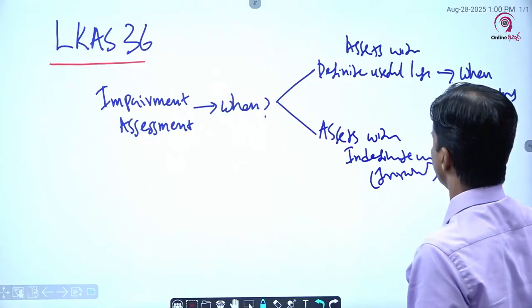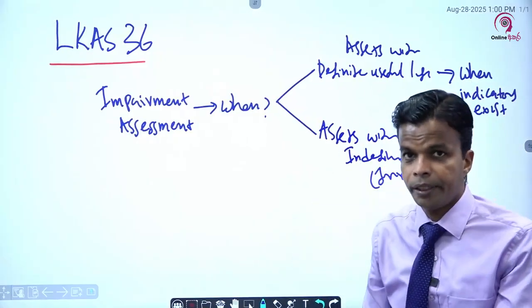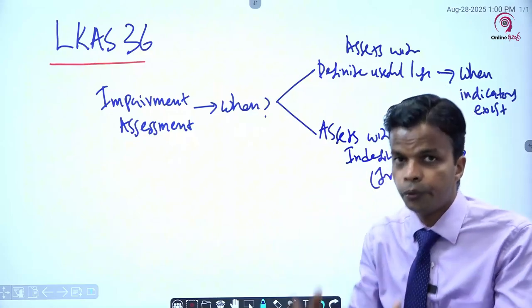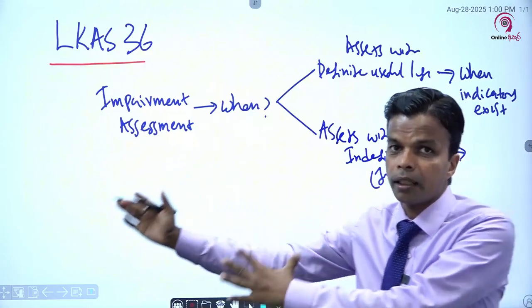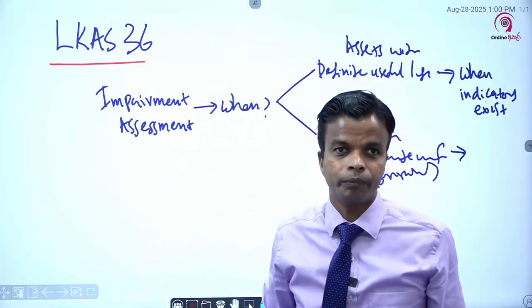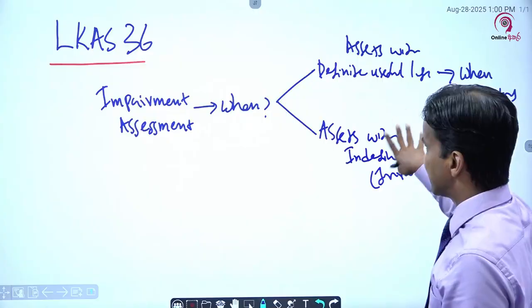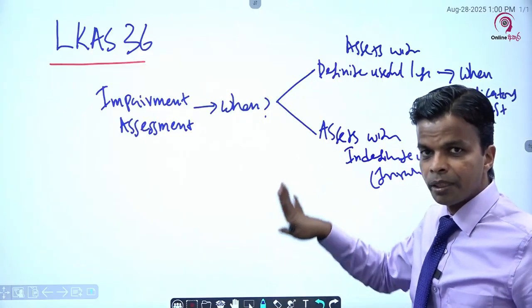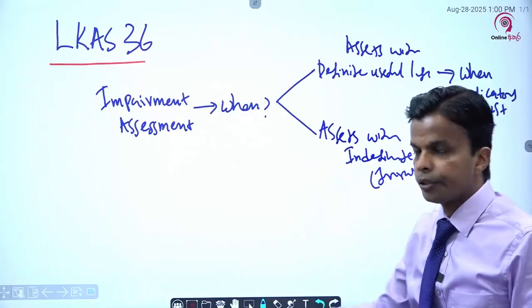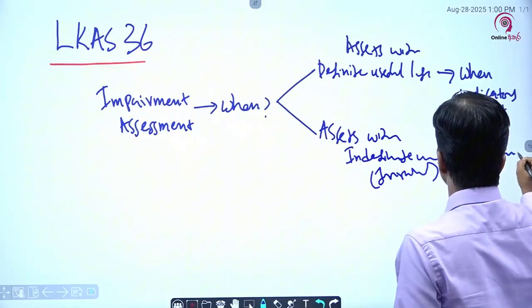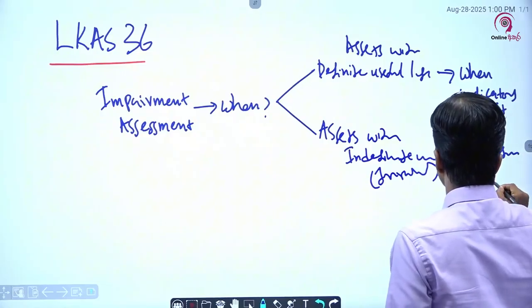Here it is mandatory at the end of each year that you do an impairment assessment regardless of whether indicators are present or not, regardless of the outcome. If it is an asset with an indefinite useful life, a year-end impairment assessment is mandatory.